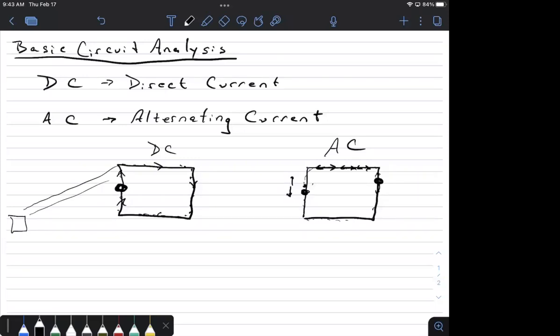And so AC is a great way to move electricity around, move power around, and not lose as much. If we had to do it by DC, then we'd lose a heck of a lot of energy out into the air for nothing.